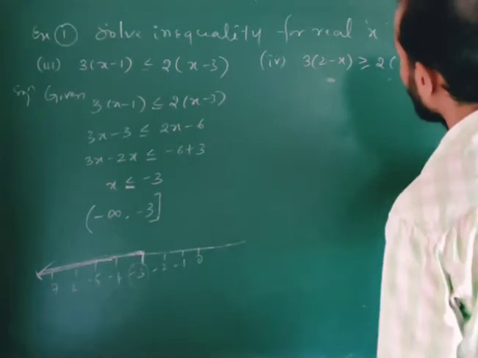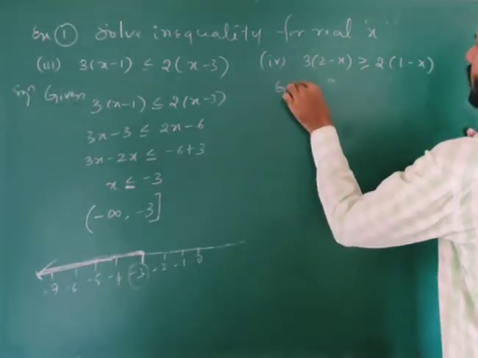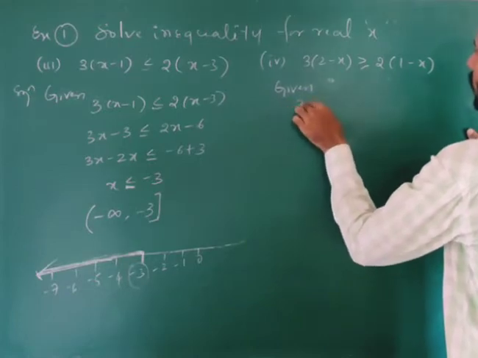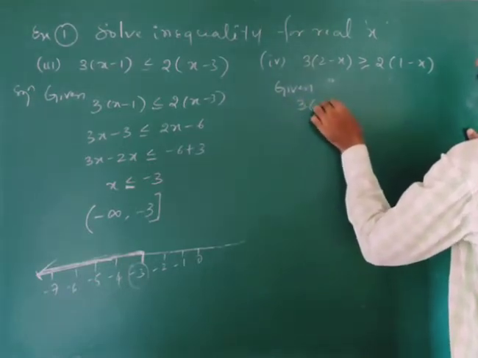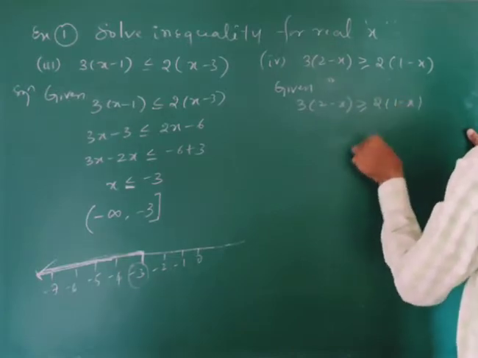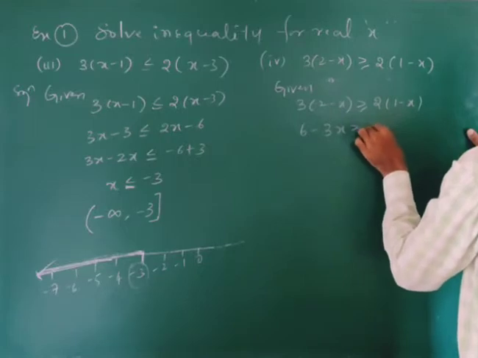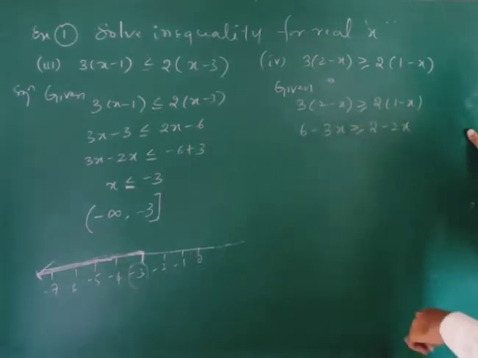Now the next example, again given here: 3 times of 2 minus x greater than or equals to 2 times of 1 minus x. Now multiply: 6 minus 3x greater than or equals to 2 minus 2x, right?